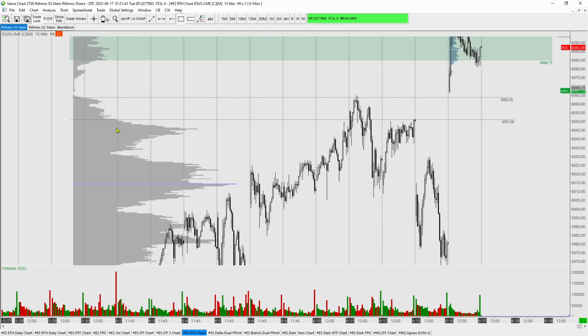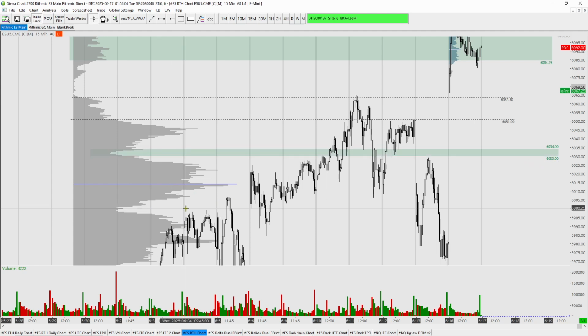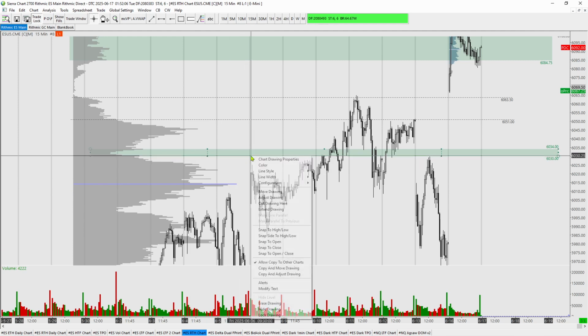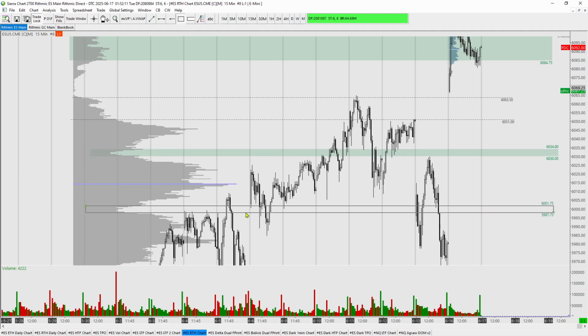And since these two are very tight, I'll turn them into a zone. Similar to that.